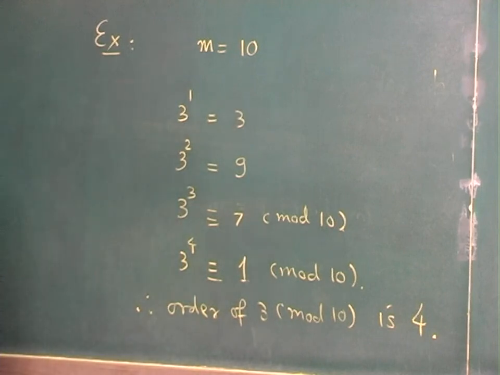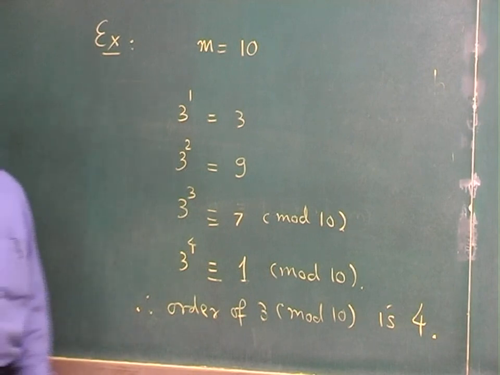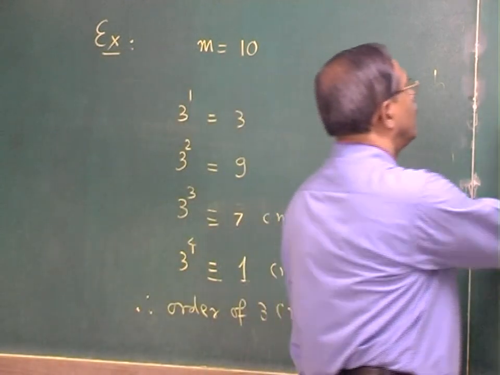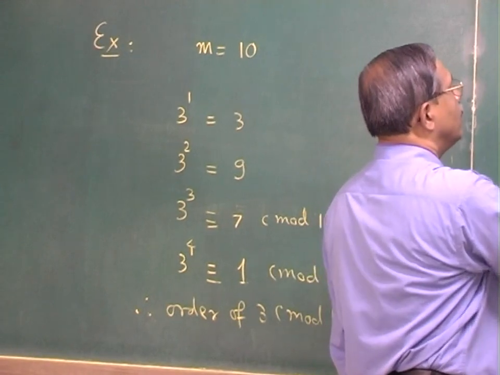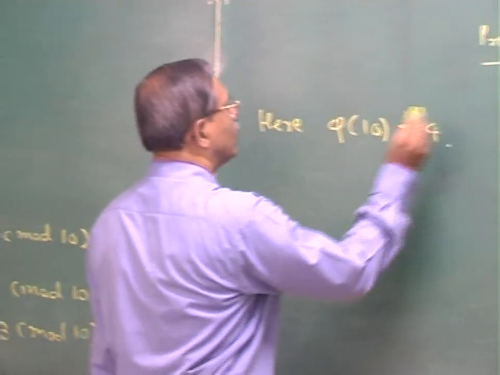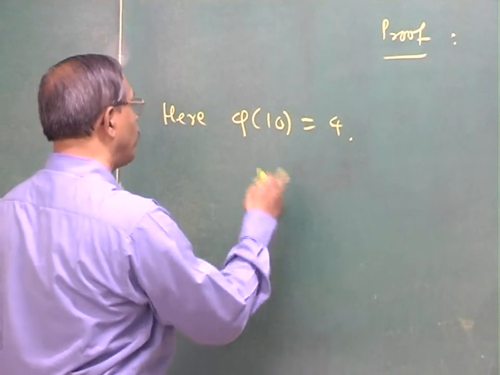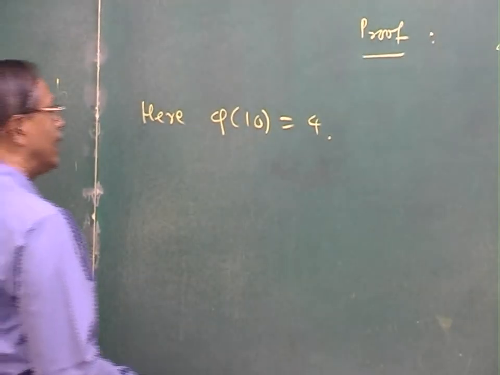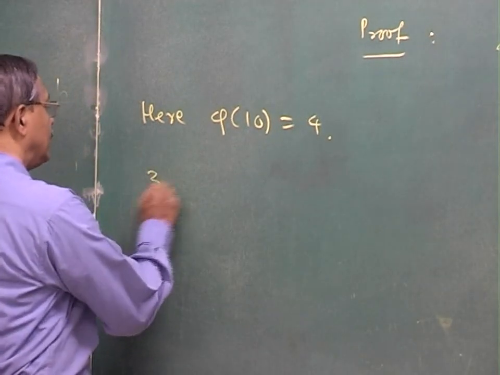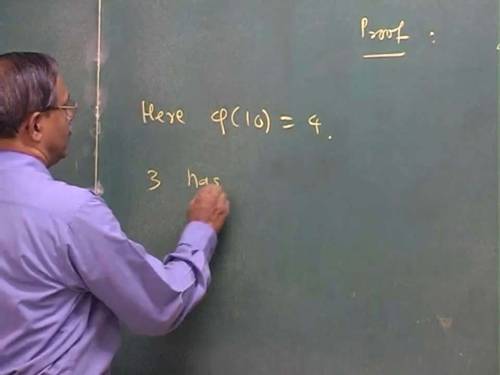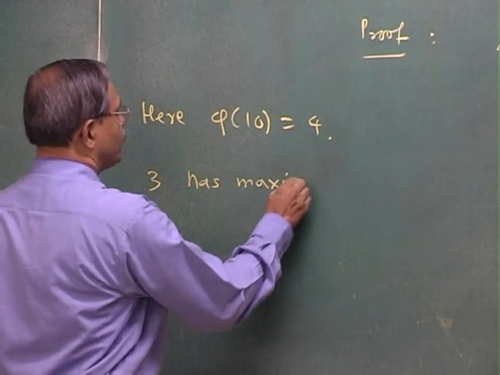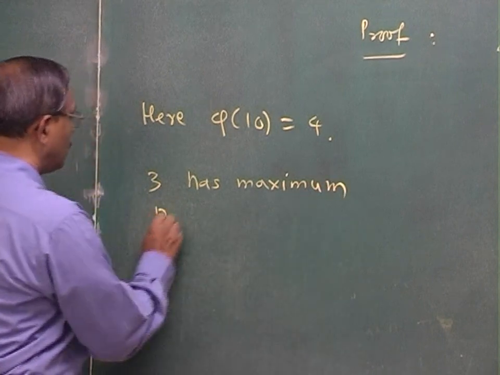Phi of 10 is 4, and this is an element of order 4. So this element 3 has the maximum possible order.